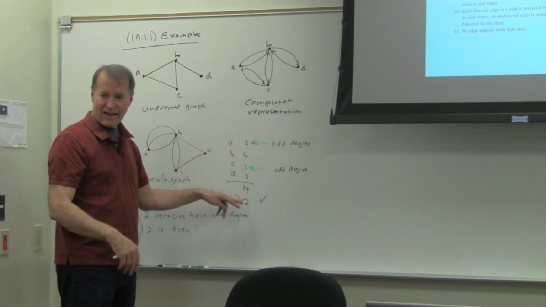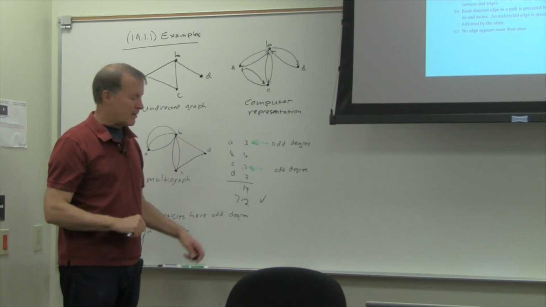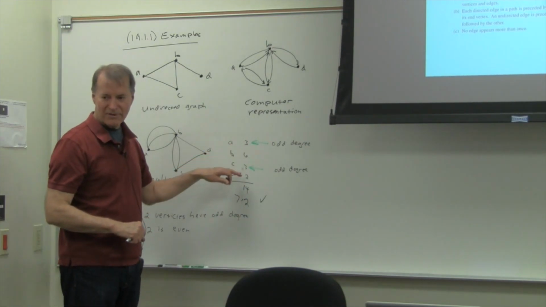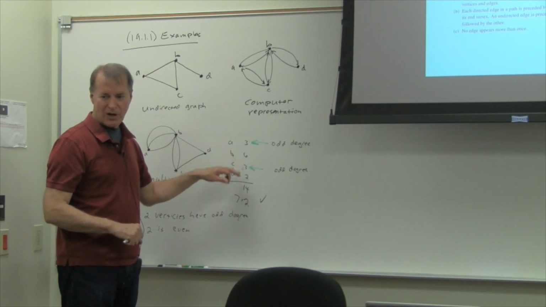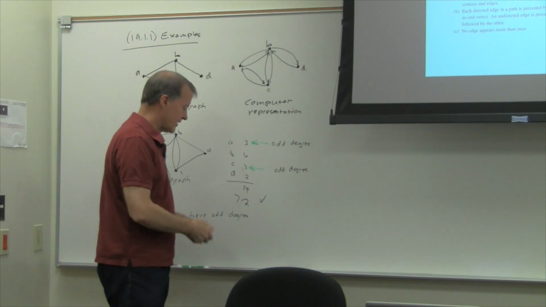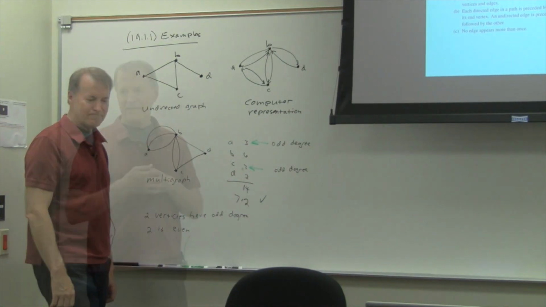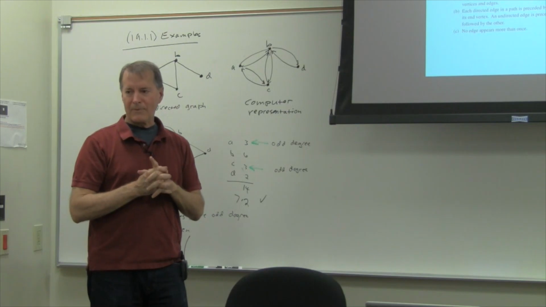However many have odd degree is an even number. Now, you're going to prove this by mathematical induction, but what's the idea? There's always going to be 2 of them.